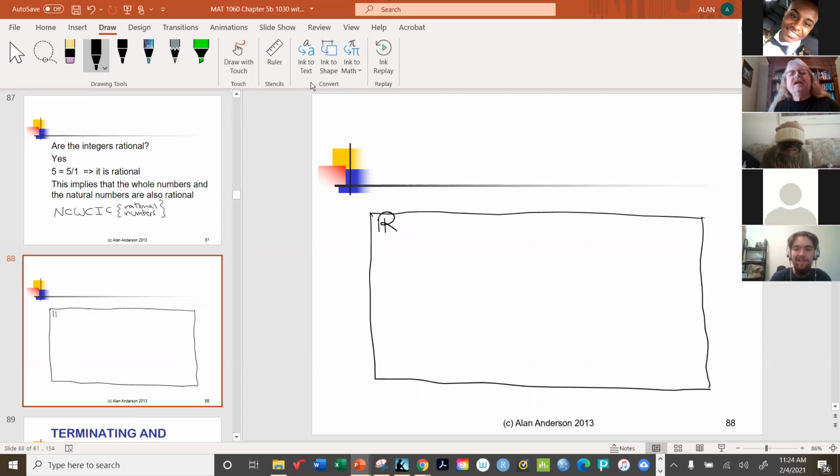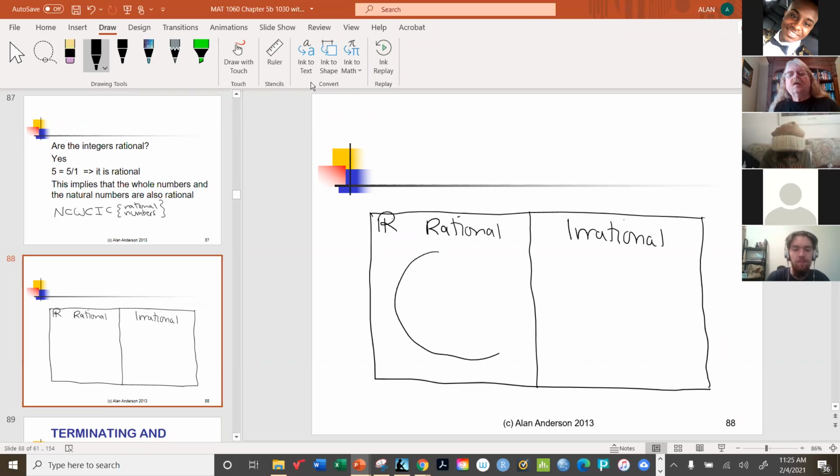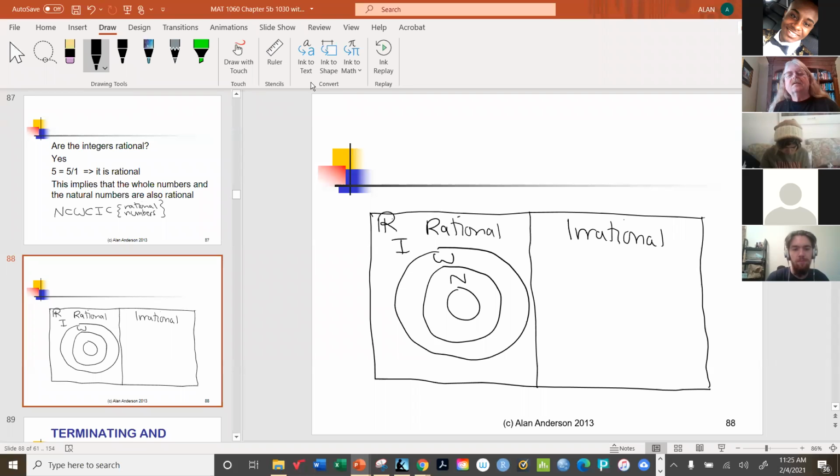It's the real numbers, but now we can break it up into two pieces. These are my rational numbers, and these are my irrational numbers. And within the rational numbers, we have our Russian doll. In other words, the integers, the whole numbers, and the natural numbers.